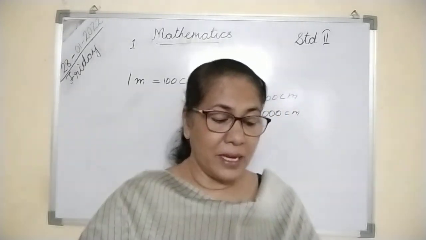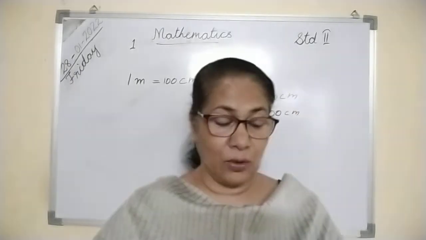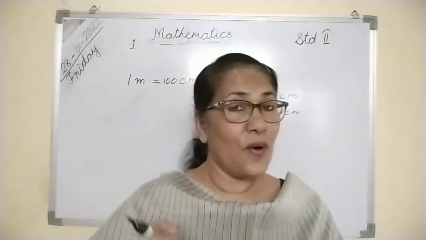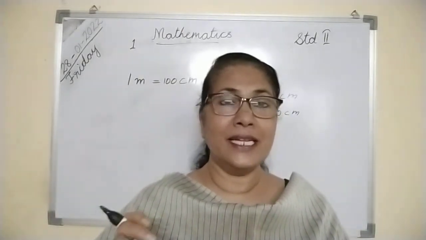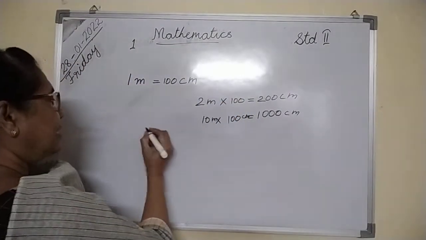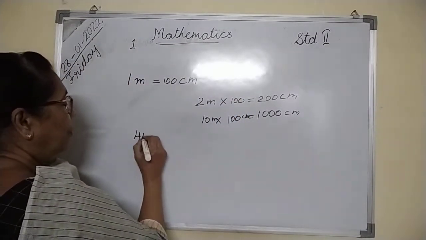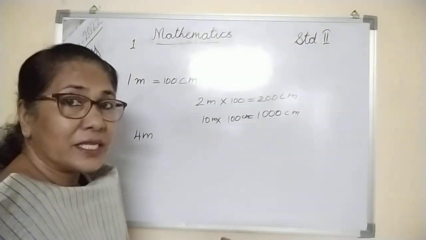Now converting meters to centimeters, please have a look at it. The first one, 4 meters. 4 meters into 100 centimeters equals 400 centimeters. I shall write it here. 4 meters, now we are changing into centimeters.